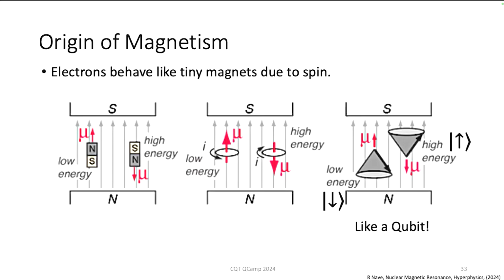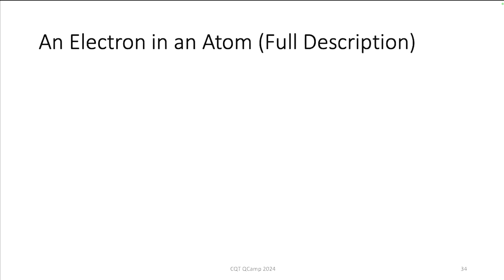Here is a current loop, where we use the right-hand grip rule to determine the direction of the induced magnetic field. For the electron, when it's spin down it has low energy, and if it's spin up it has high energy. It's like a qubit. Basically, the electron behaves like a qubit.